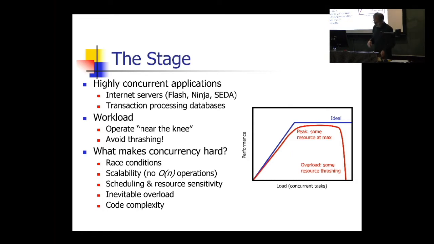So what we've got here is a performance graph, where this is the typical sort of graph of offered load along the x-axis. So the further to the right we go, the more load we're attempting to have the box perform. You can think about this as the number of clients that keep being added to a particular web service.